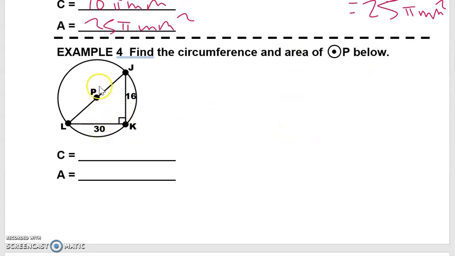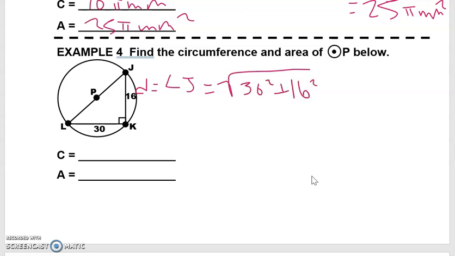Same thing, but now we don't know the diameter. We know this chord and we know this chord. But so nicely they've made this into a triangle, so we can use Pythagorean theorem. So LJ, which is our diameter, equals the square root of 30 squared plus 16 squared.